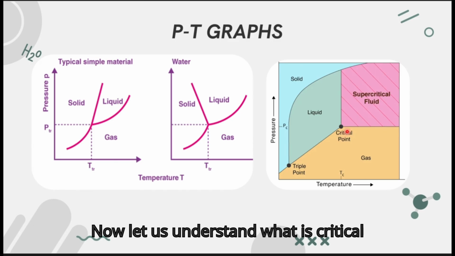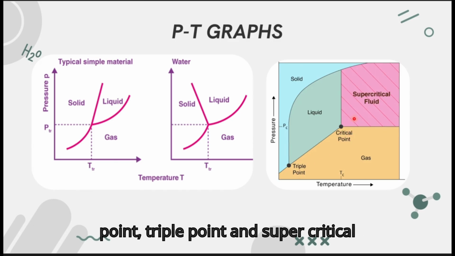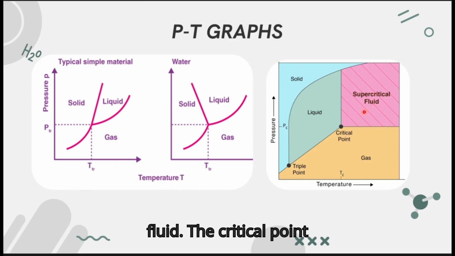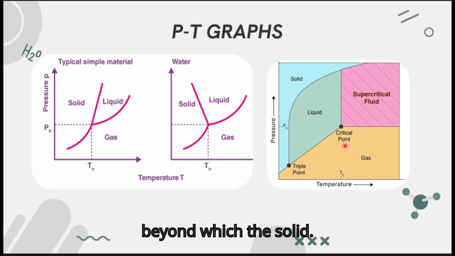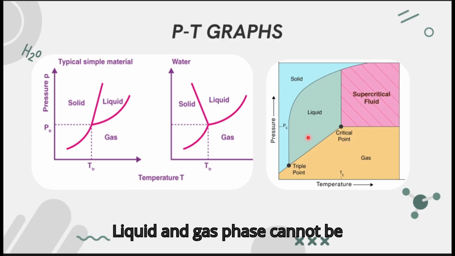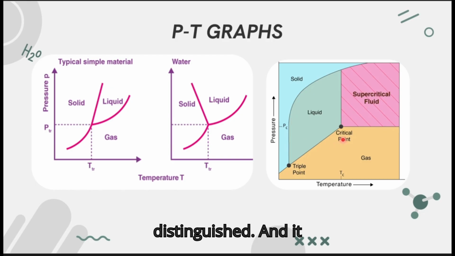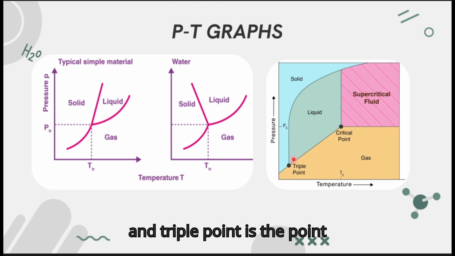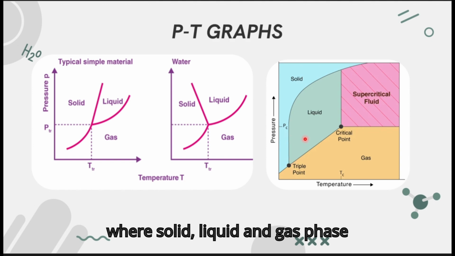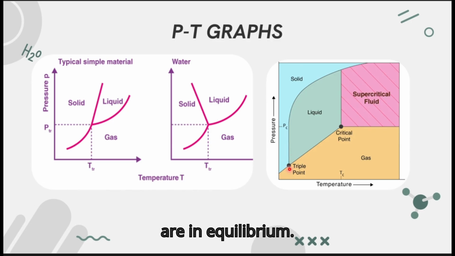Now let us understand what is critical point, triple point, and supercritical fluid. The critical point is the temperature and pressure beyond which the solid, liquid, and gas phases cannot be distinguished and merge into one phase known as supercritical fluid, and the triple point is the point where solid, liquid, and gas phases are in equilibrium.